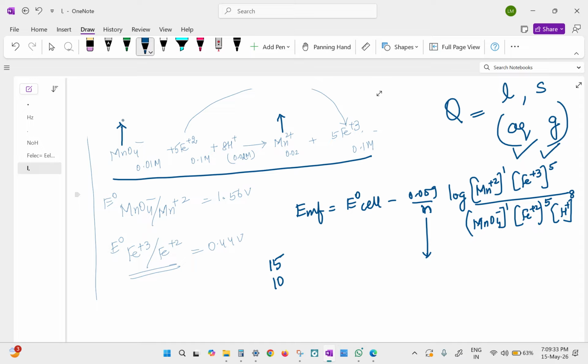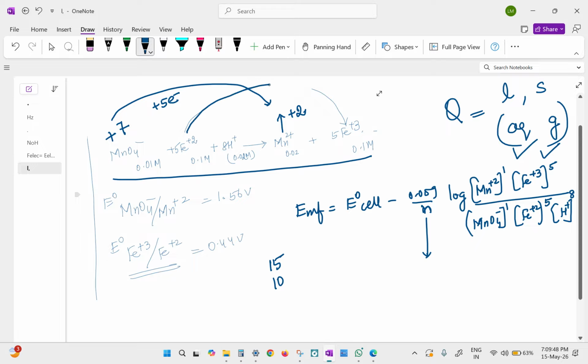MnO4 minus has Mn in plus 7 state and Mn is in plus 2 state. So what did it do? It gained 5 electrons. On the other hand, Fe2 plus lost 1 electron, but that's why it was multiplied by 5 to balance. So what is the number of electrons taken or lost? 5.